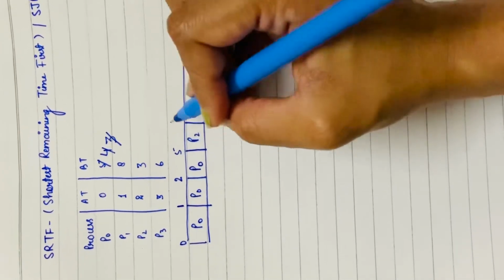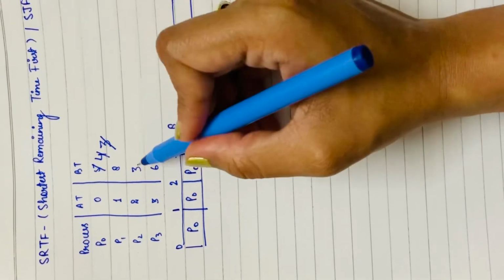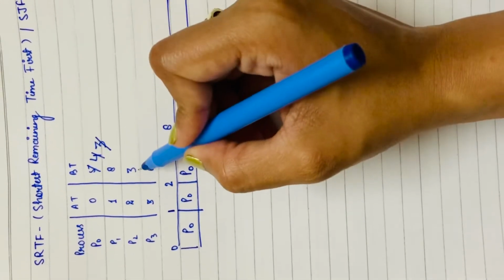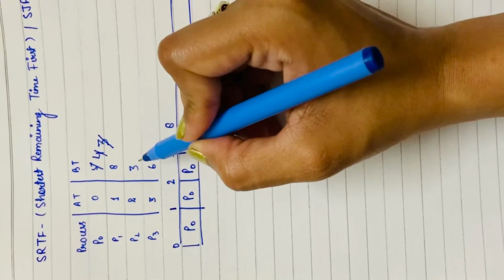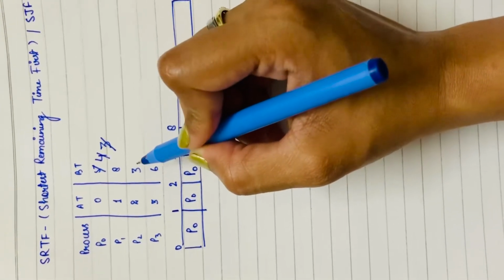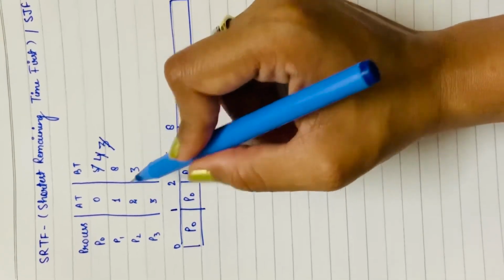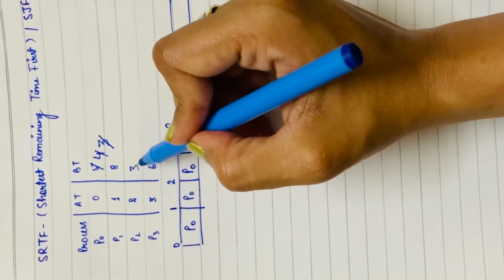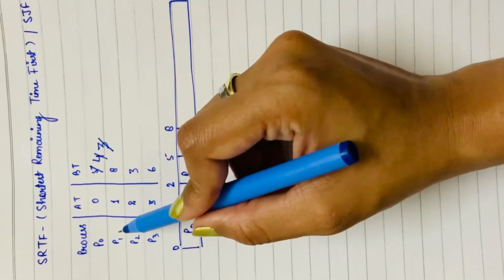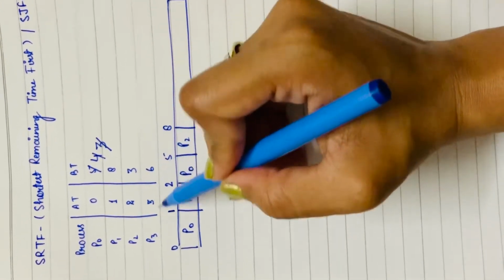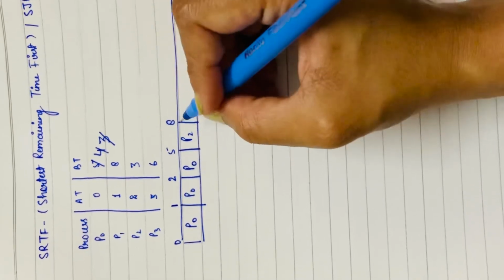So 5 plus 3. Because 3 is the smallest and there is no other process with a smaller burst time than 3, there is no need to execute one unit at a time. Now after P2, it has finished its execution. The remaining processes are P1 and P3, and P3 has the smaller burst time, so process P3 will get executed.